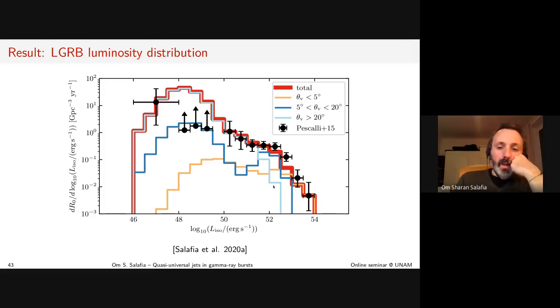And there are some indications that something weird is taking place, because as you see, for example, if you look at jets which have a 10^52 isotropic equivalent luminosity, they are observed at more than 5 degrees, which is most likely too much. But anyway, what is nice is that the shape is reproduced very well with these parameters, with these initial guesses.